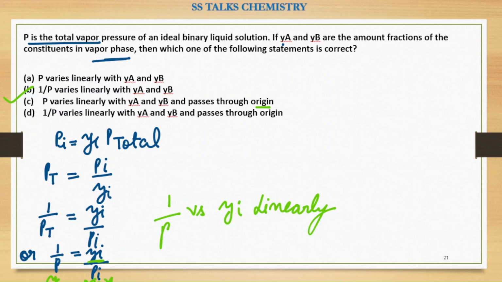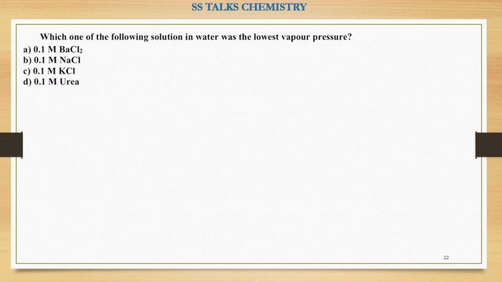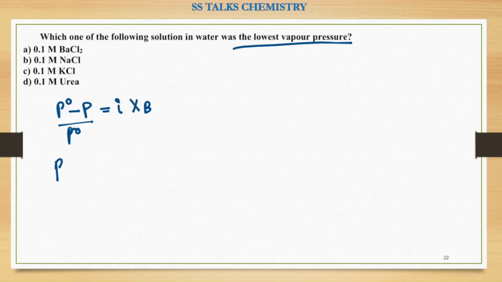Okay. Moving on to the next one, we have this question. It says which of the following solutions in water has the lowest vapor pressure? Again, a similar equation we have already discussed: P naught minus P, that is the lowering in vapor pressure, is proportional to the i value, where the relative lowering in vapor pressure is proportional to the mole fraction of the solute.